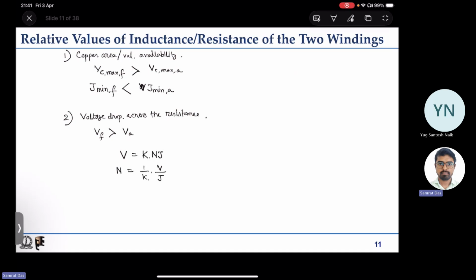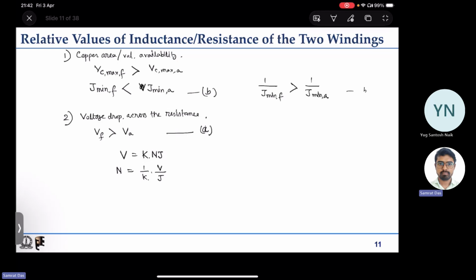Now you can see that Vf, this is your equation 1 or equation A, and this is your equation B. So your Vf is greater than Va and J_min F is less than J_min A. So if J_min F is inverted, then 1 by J_min F is actually greater than 1 by J_min armature.